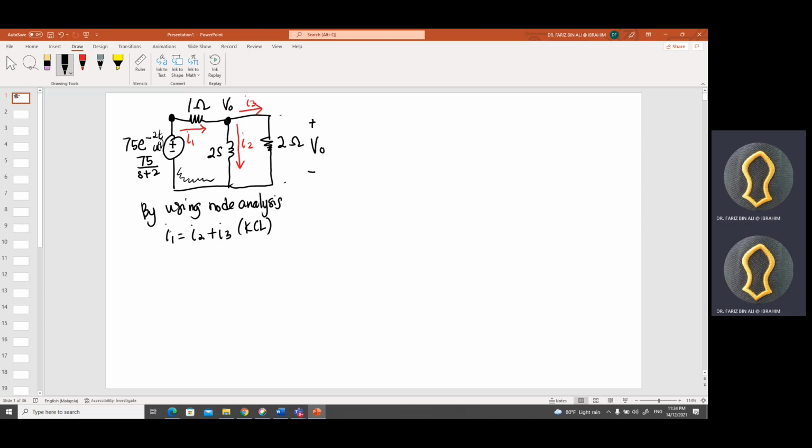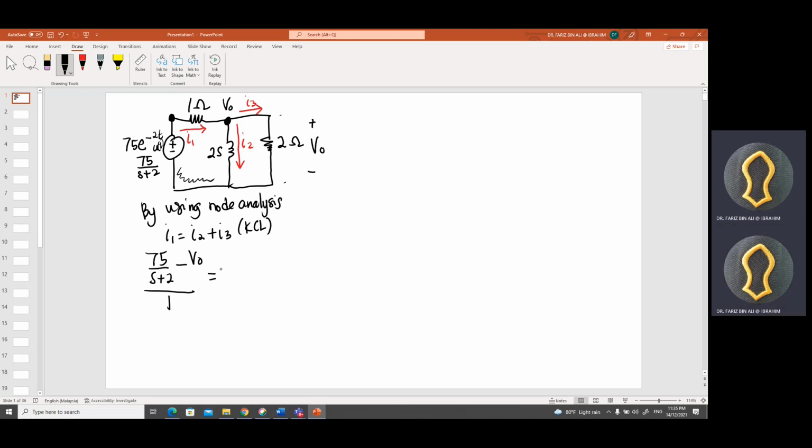So I1 is 75 over S plus 2, which is the voltage already converted to S domain, minus V naught, divided by 1 ohm. This is I1.